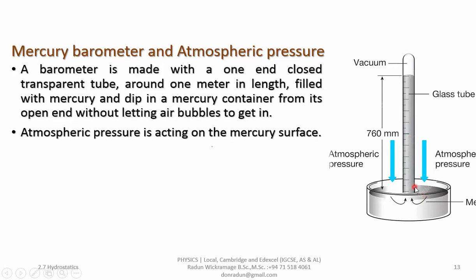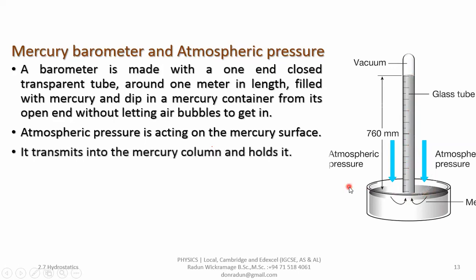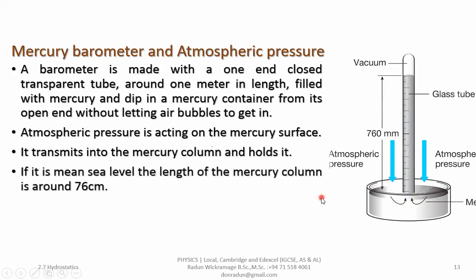It is in equilibrium. Why? Because the weight of this column creates a pressure, and that pressure has become equal to the atmospheric pressure. It is transmitted to the mercury column and holds it. So you can understand the pressure here is holding the mercury column.